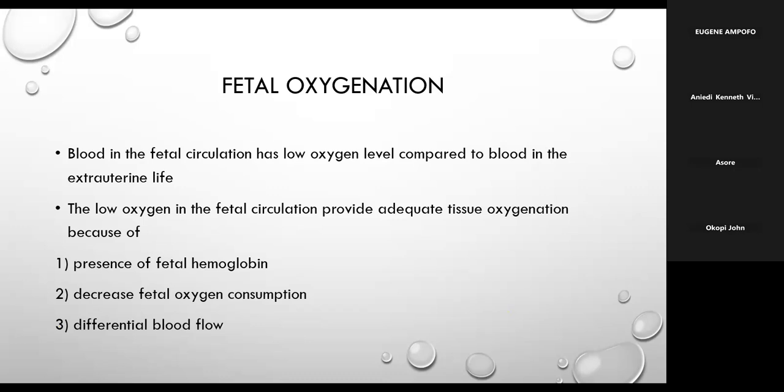So with this limitation in metabolic activity, they need less oxygen so they can cope with low oxygen saturation in the blood, as well as the differential blood flow, such that those organs that need oxygen more, like the brain, the heart, and the liver, are supplied by shunting of oxygenated blood in that direction, so they don't feel the impact of the low oxygen saturation.